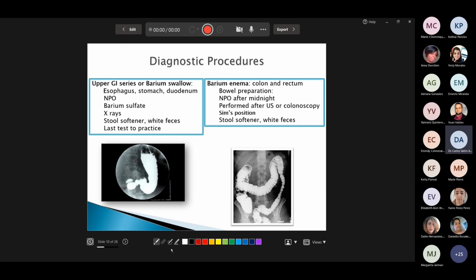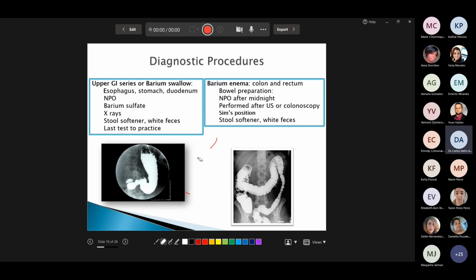So why is it called upper GI? Because the esophagus, the stomach, and the duodenum are the upper part of the GI system. And this test evaluates esophagus, stomach, and duodenum. That's why it's called upper GI.